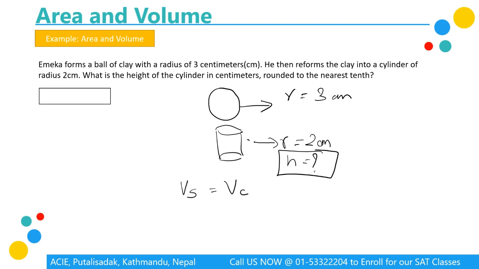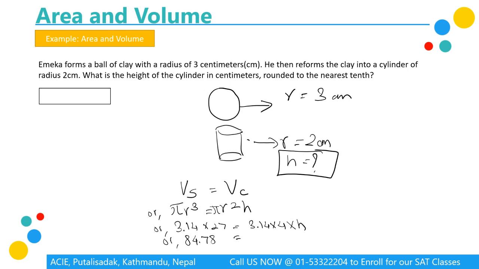So using the formula we can easily find the missing value of h, where 4/3 pi r cubed is equal to pi r square h, or that will be 3.14 into 27 is equal to 3.14 into 4 into h. This is going to give us 84.78, and let's divide this section. This itself is going to give us the value of h as 6.75.